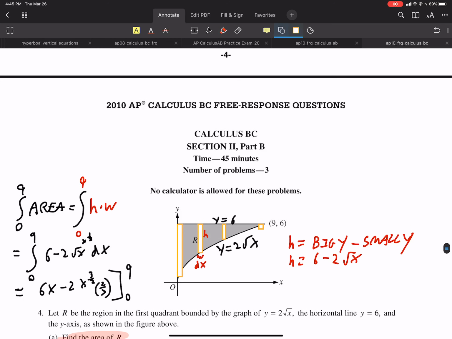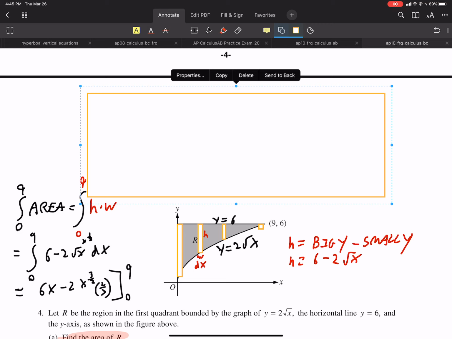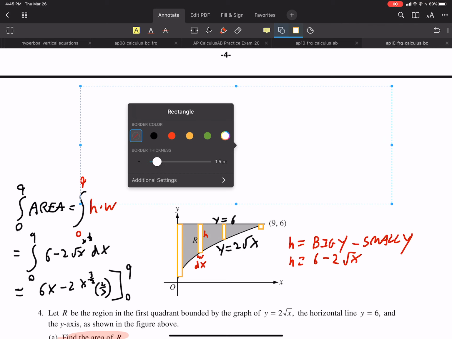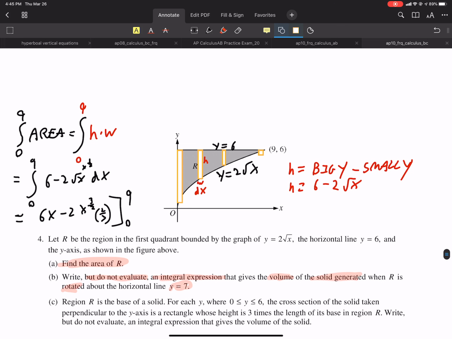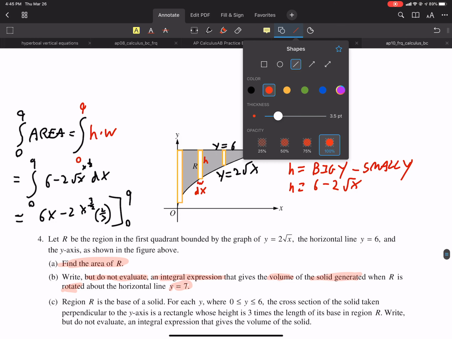Let me do some magic here. Where did that border come from? Let's get rid of the border. No border. There we go. Magically, we have space.